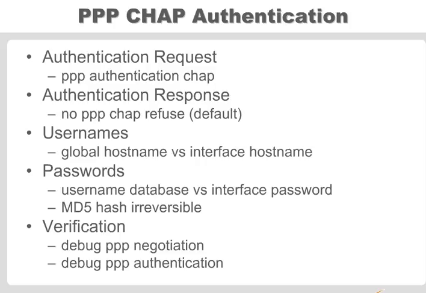Now, it doesn't actually send the password on the line. It does have the MD5 hash being used for that. In verification, debug PPP negotiation and debug PPP authentication, again, just like with PAP, same two debug commands, being able to verify that the line is coming up and is properly being authenticated.